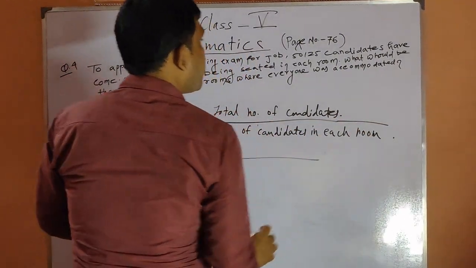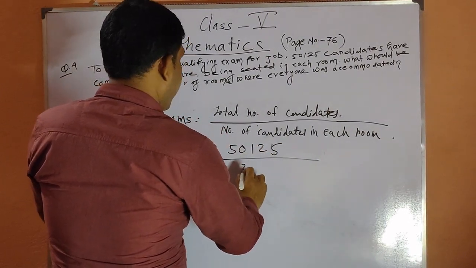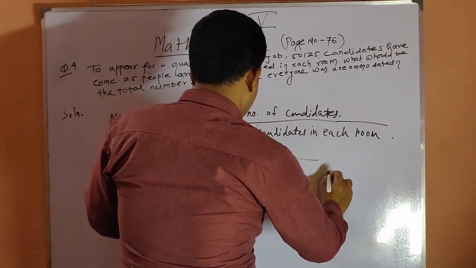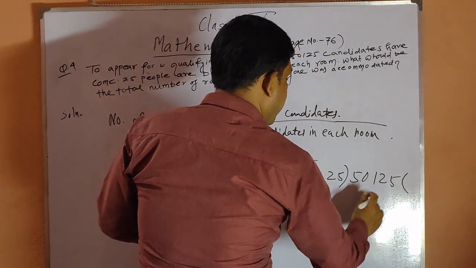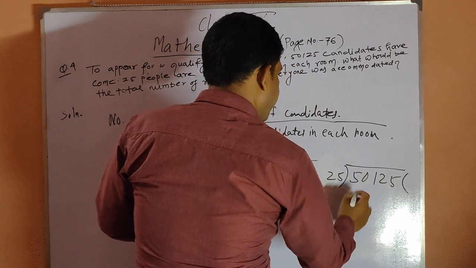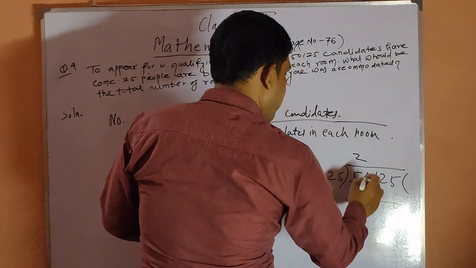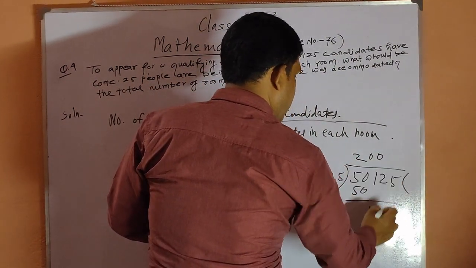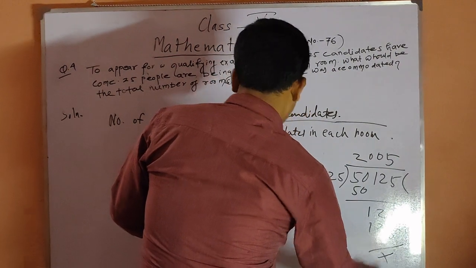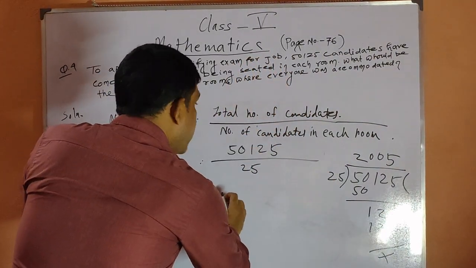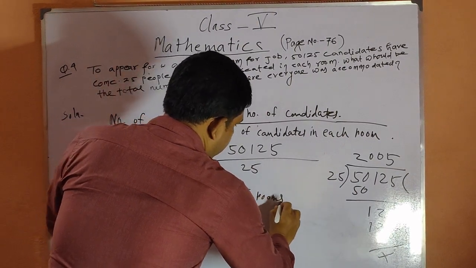That means 50,125 divided by 25. Number of rooms is equal to 2005 rooms. 2005 rooms is the answer.